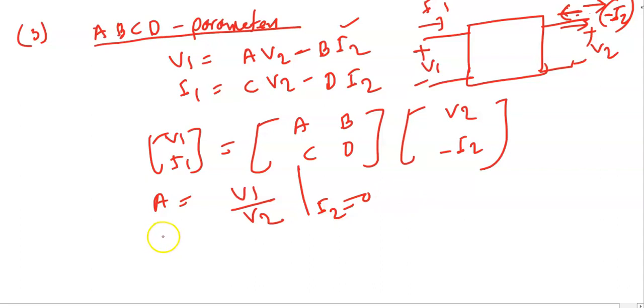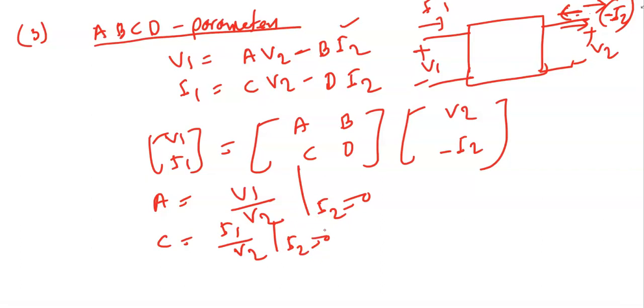Then C will be I1 upon V2 when I2 equals 0, since we have already made the output open. Similarly, it is the open circuit reverse transfer admittance, because it is not the same port. Whenever you are calculating a quantity in the same port, like I1 upon V1, we call it admittance.